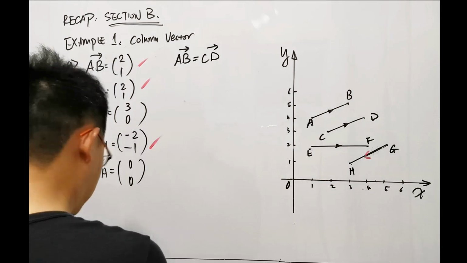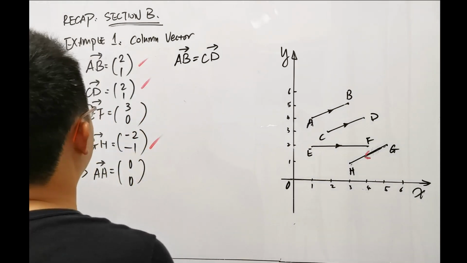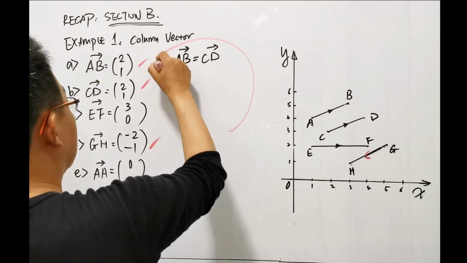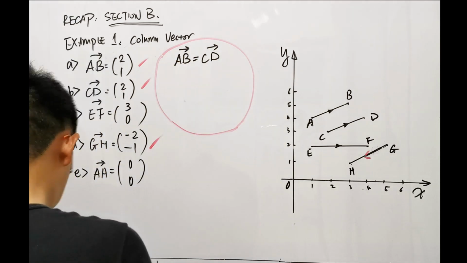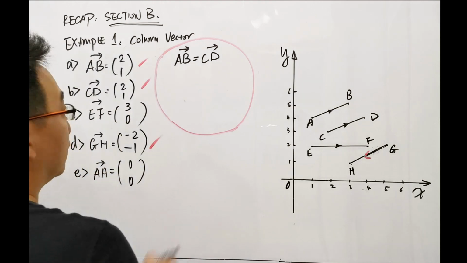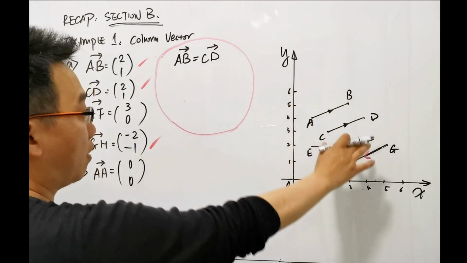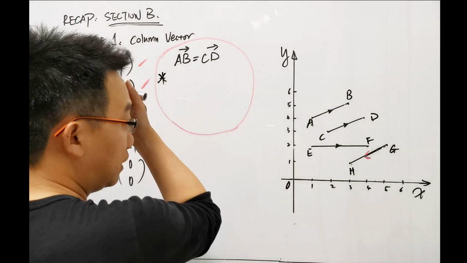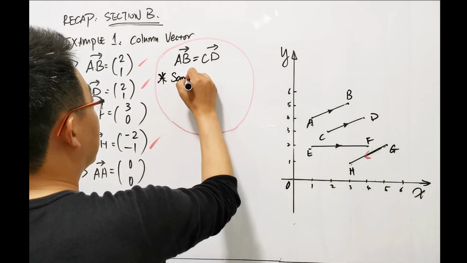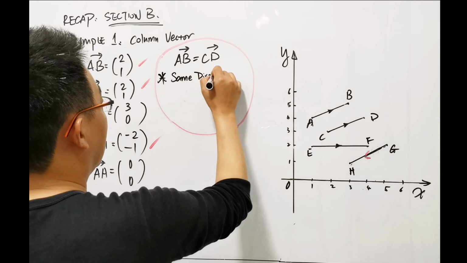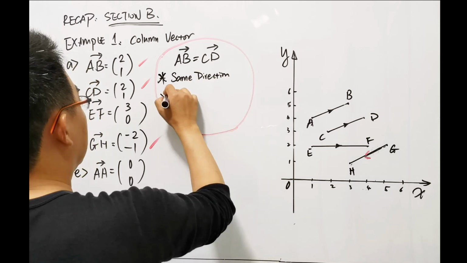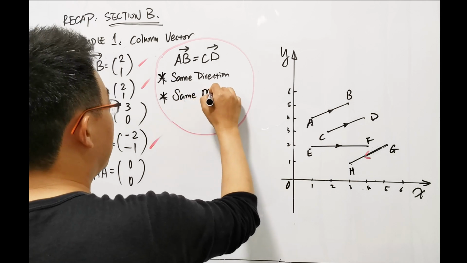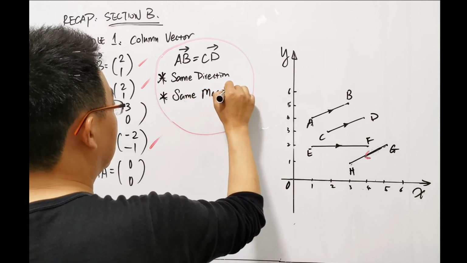Because these two values are the same, we can find out something very interesting, and from the diagrams we can also see the same thing. The first one is that they have the same direction. The second thing is that they have the same magnitude.